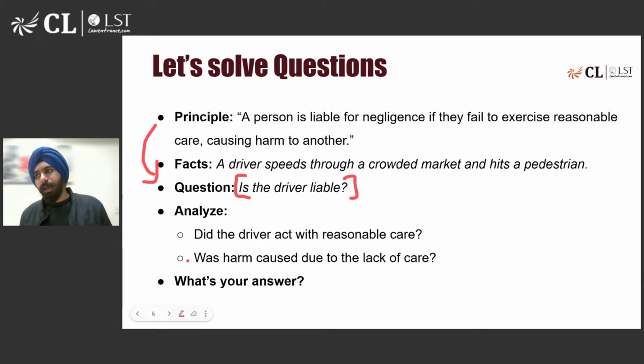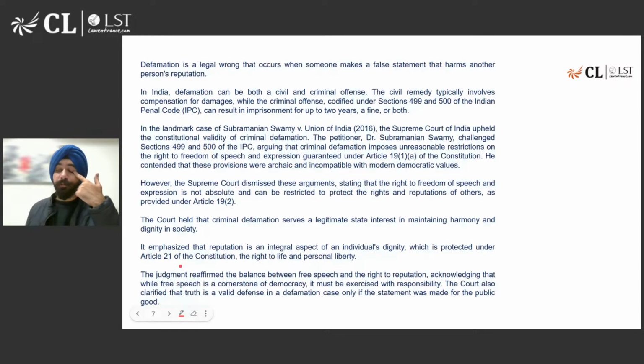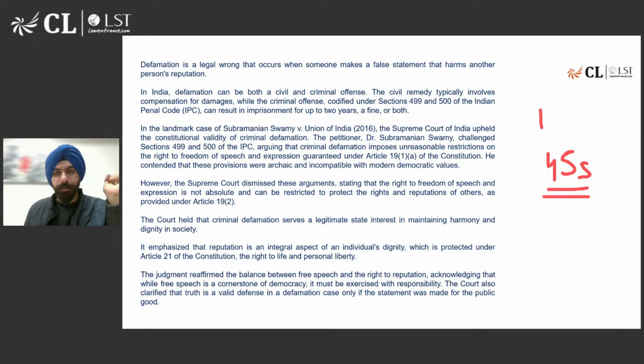Now, we would be solving an actual question where you would have a complete paragraph which has legal principles, and then you would be required to solve actual factual questions based on this. So you have 45 seconds to read the paragraph which contains your legal principles, and then we'll solve 5 or 6 questions based on this.